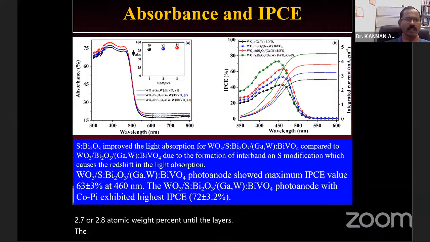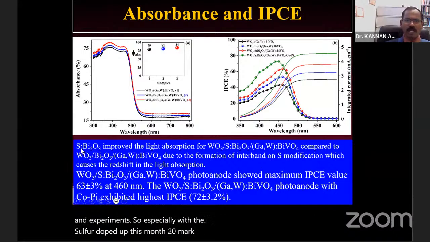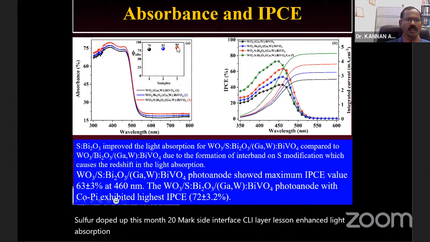In order to check the absorbance and IPCE, we carried out light absorption experiments, especially with the sulfur doped bismuth vanadium oxide interfacial layer, which gives enhanced light absorption. You can see here that it goes to almost 84–85%.